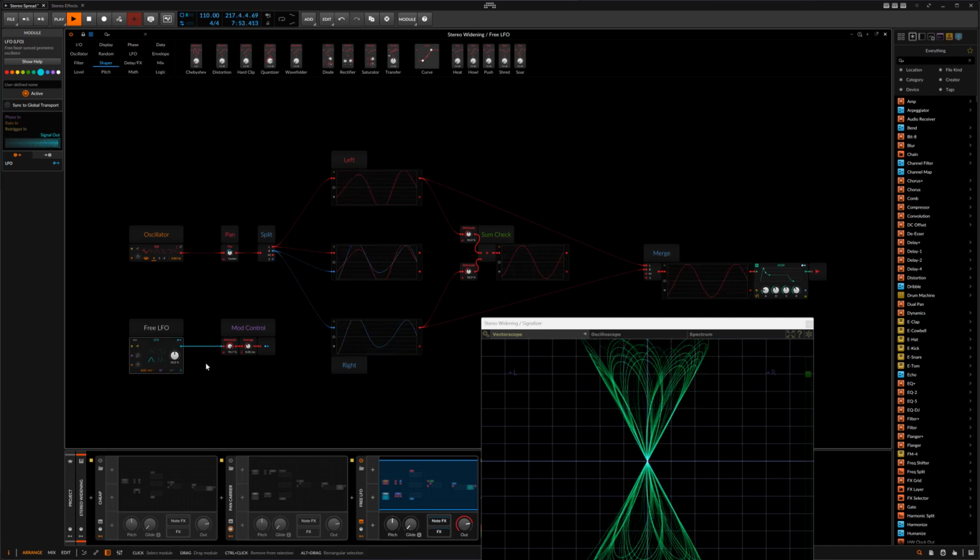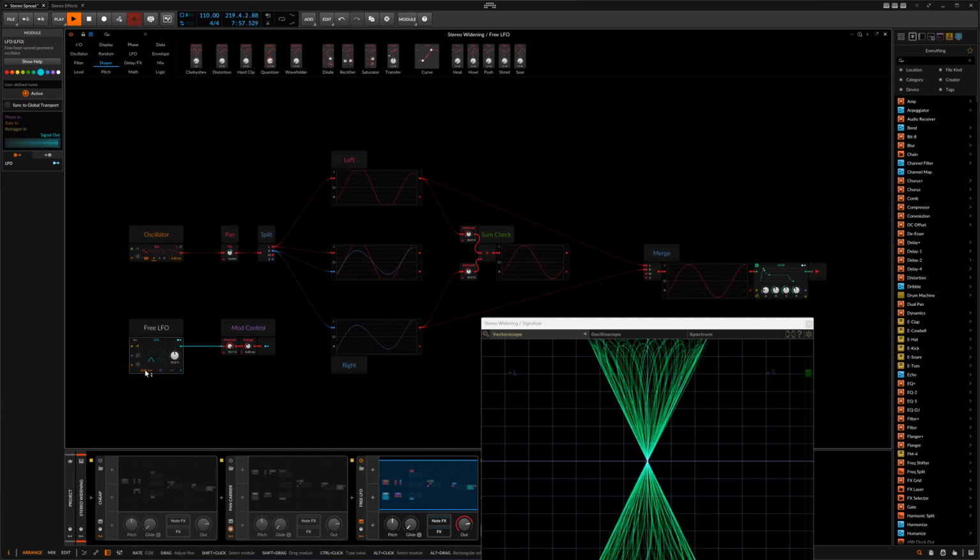Yeah, there's some beating going on because this is free. But what's happening is it's moving this mono signal from the left-hand speaker to the right, or either way and back again. So the ear hears it from one side, and it takes some time for it to forget that it's heard it from there.